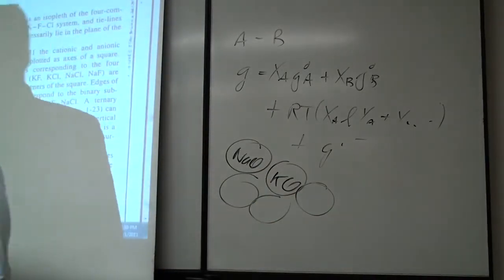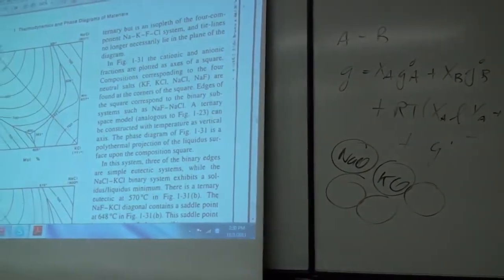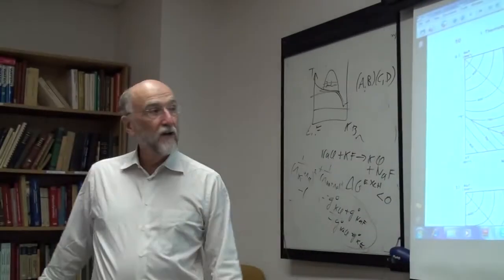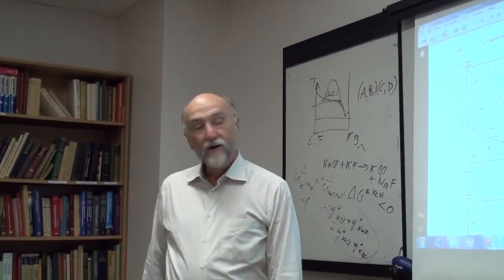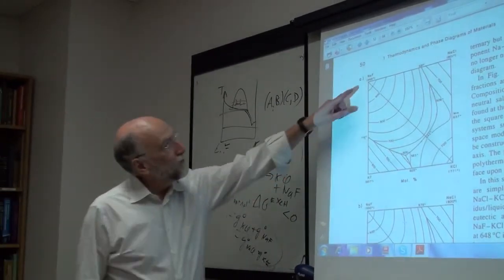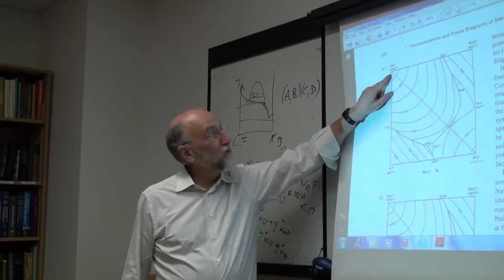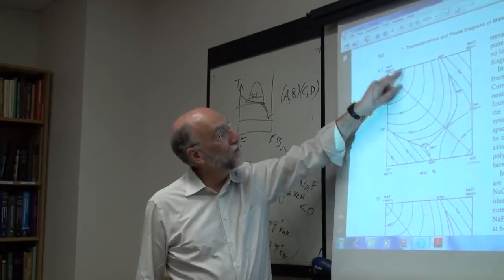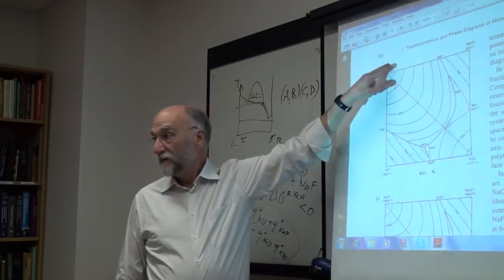So the binary system could be fitted just as well if you assume that NaCl and KCl were mixing like molecules on a sublattice, as if you had the sodium and potassium on one sublattice and the chlorine on the other. But what would that give you along the stable diagonal here? If this was a stable diagonal, you'd have mainly sodium fluoride and potassium chloride molecules, which would mix ideally.